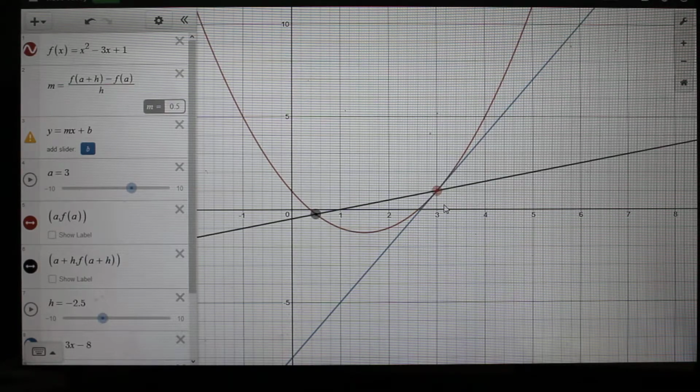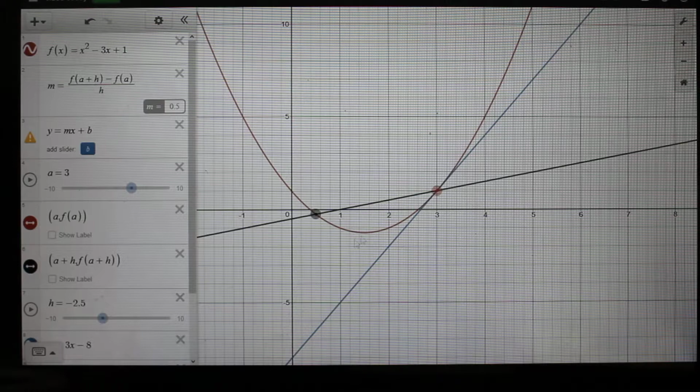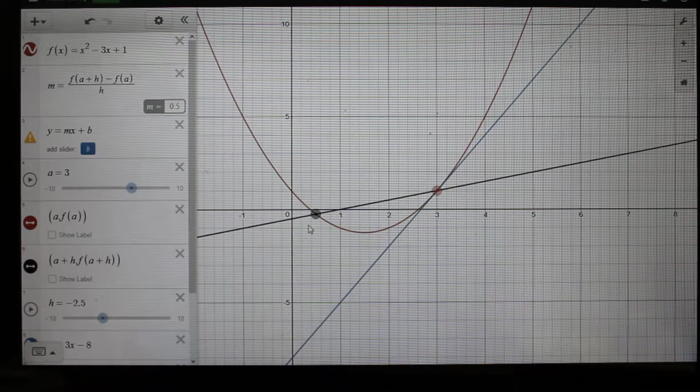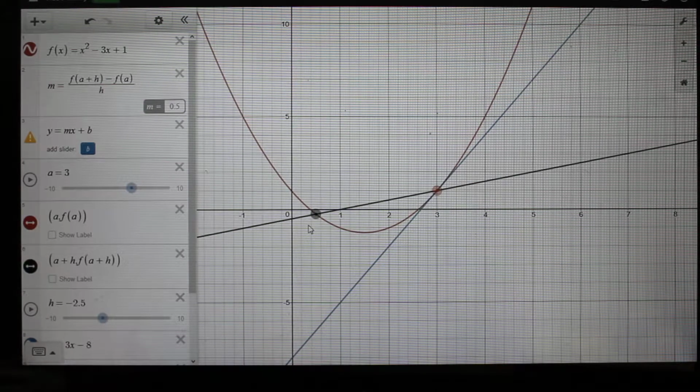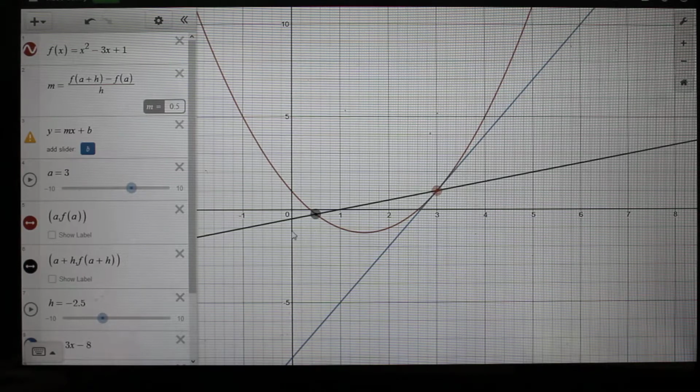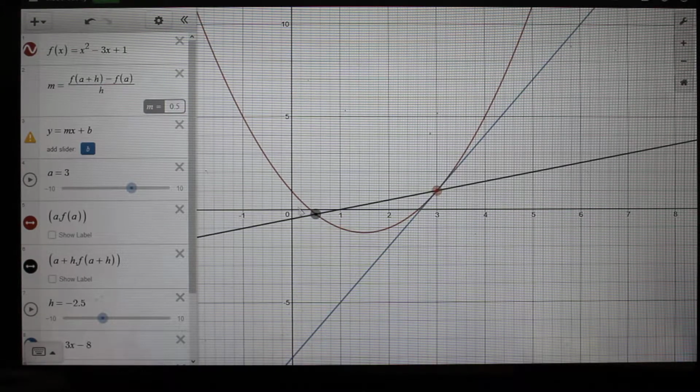Because you're doing preceding, you're coming from behind. Now these points are the main points we're going to use to explain the instantaneous rate of change from the preceding side.